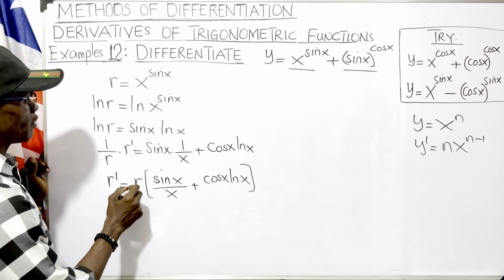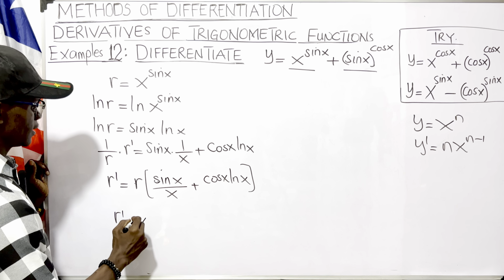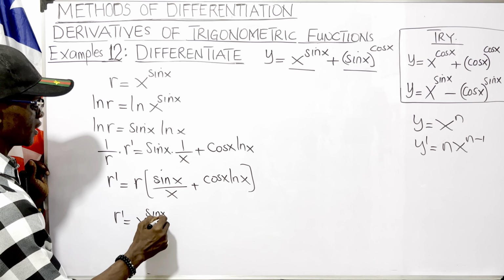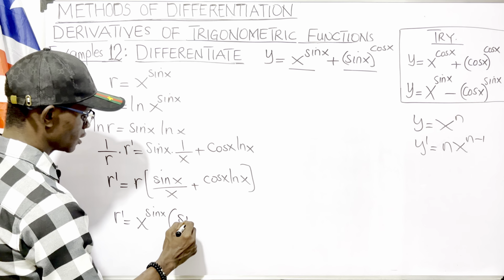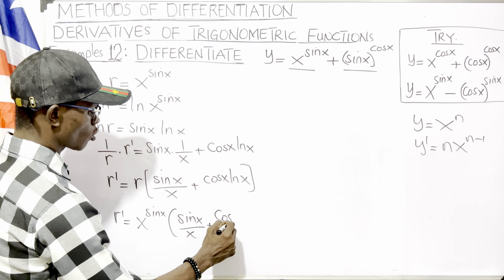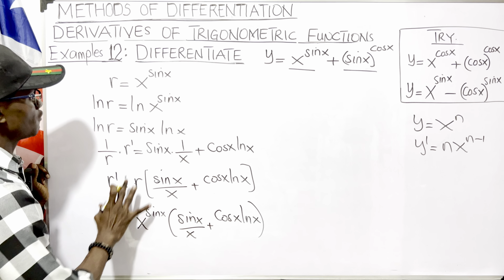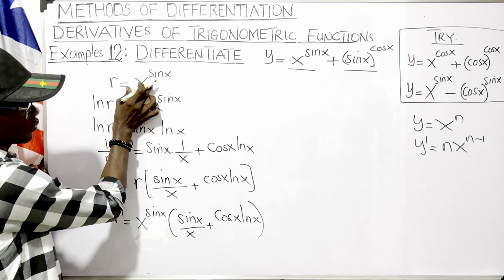So what do we know of r? r is equal to x raised to the power sine of x, times sine of x over x plus cos of x, the ln of x. So this is the first one. This is the derivative of this one.